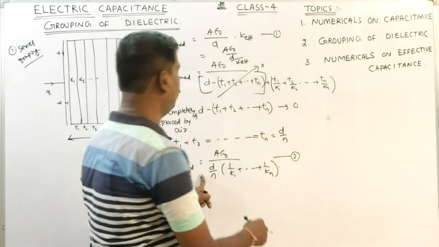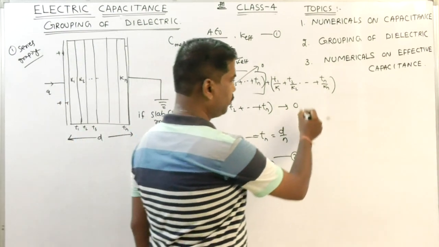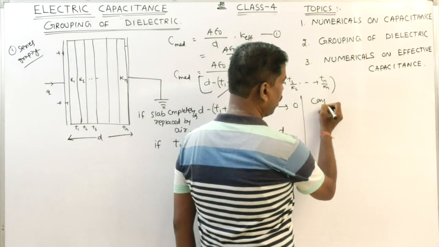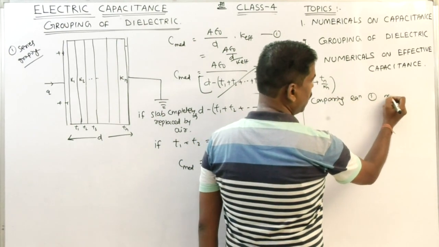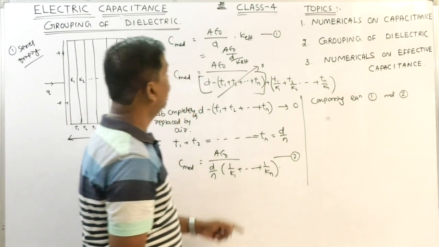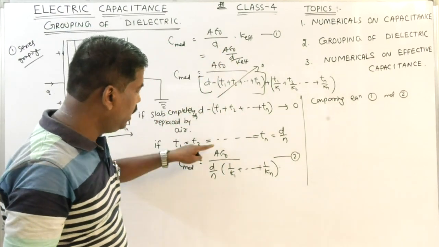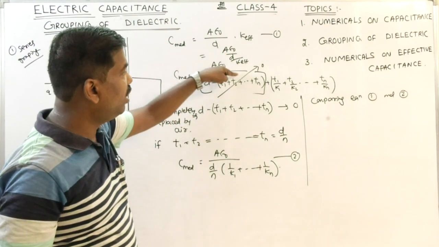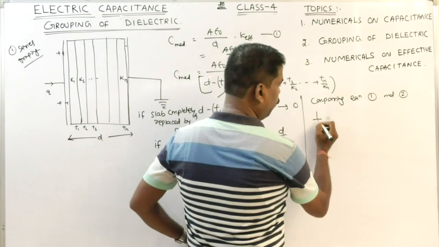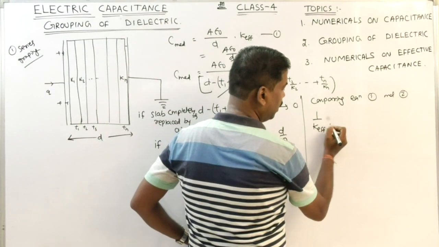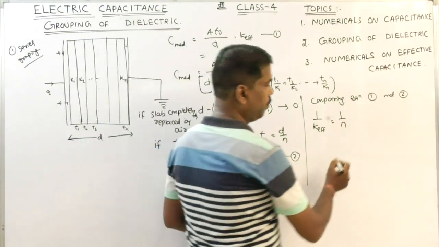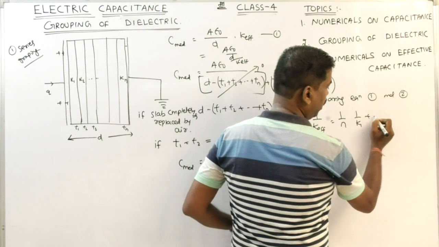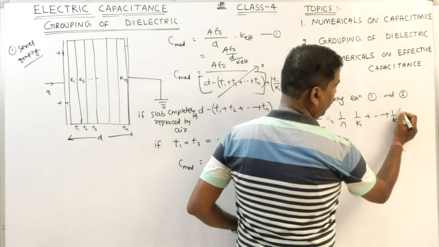By comparing 1 and 2, here listen, A epsilon 0 by D into 1 by K effective is equal to 1 by N into 1 by K1 plus up to 1 by Kn.